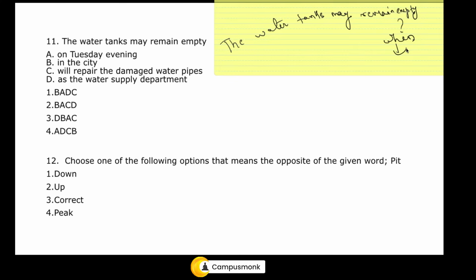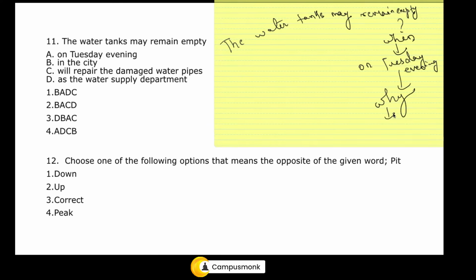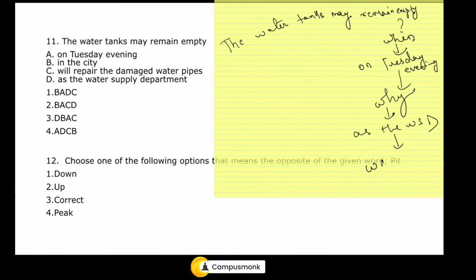Then what will you say? You have to give a particular time. You'll say on Tuesday evening. Then the obvious question will be why. Then you'll give the reason: as the water supply department will repair damaged pipes in the city.